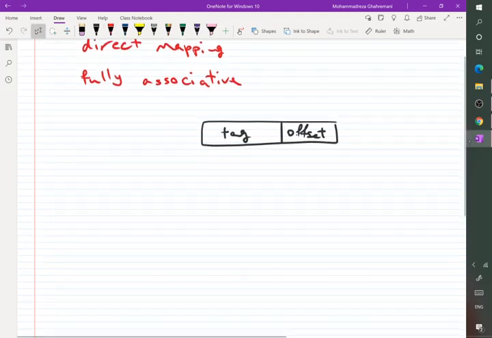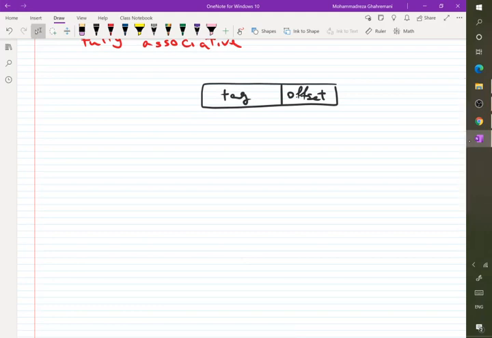So today I'm going to talk about the other technique, which is a combination of direct mapping and fully associative mapping, and it is called n-way set associative. In this mapping, the cache is like a direct mapped cache in that a memory reference maps to a particular location in the cache, but unlike direct mapped cache, a memory reference maps to a set of several cache blocks, similar to fully associative.